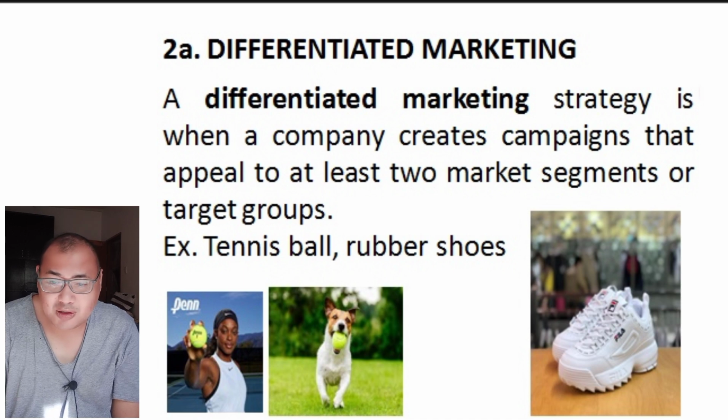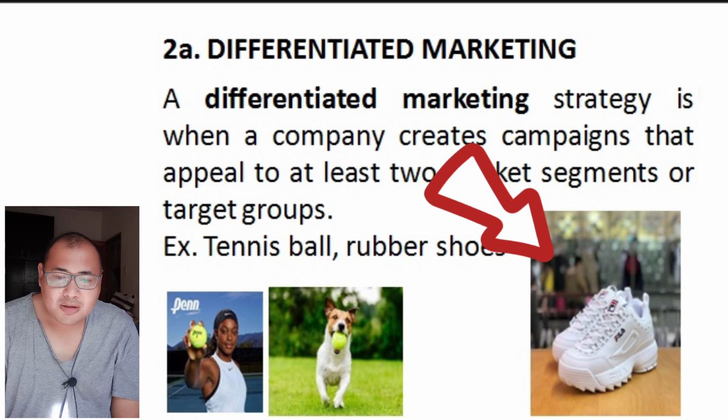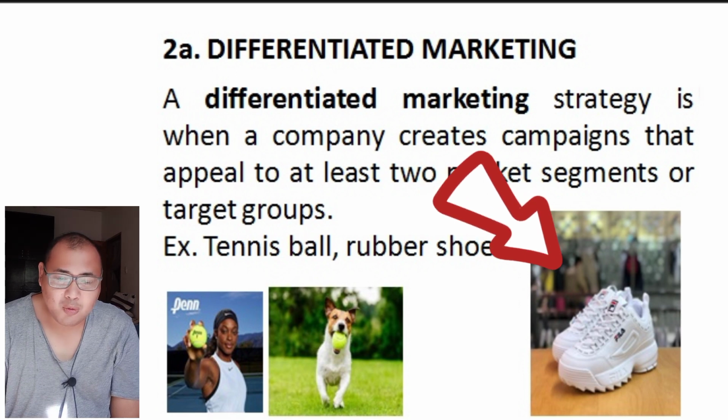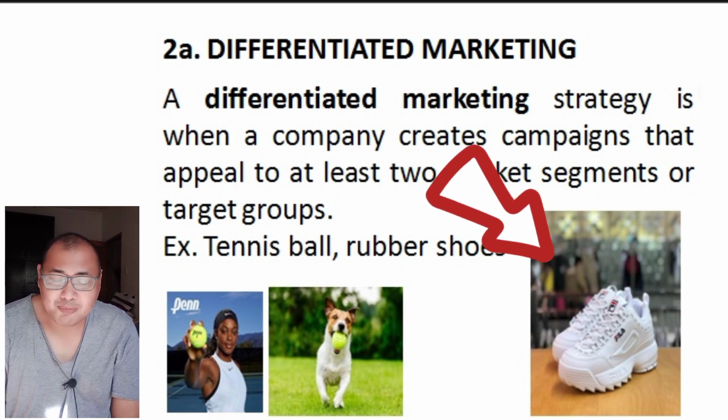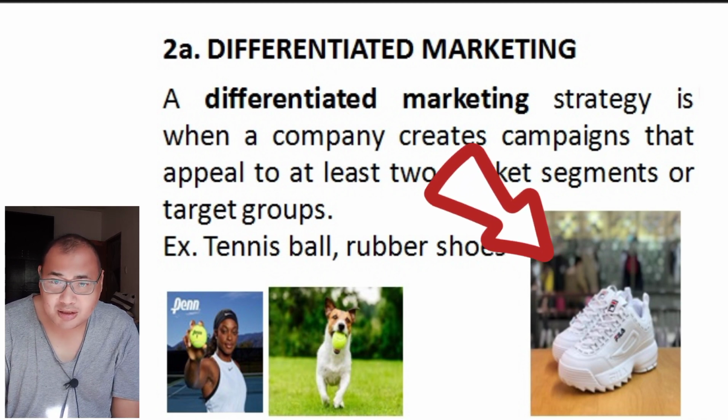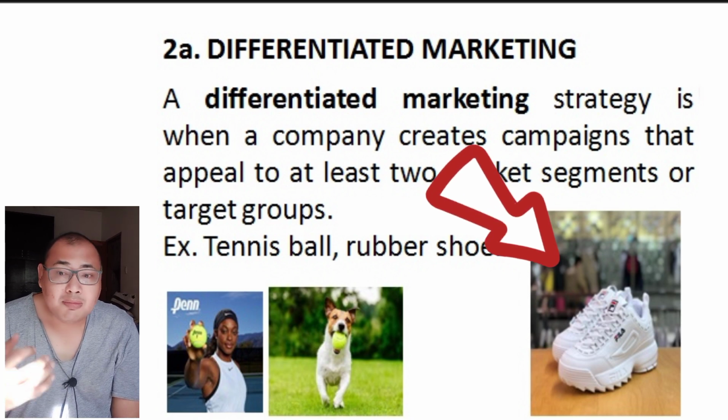So today is 2021. So lumabas yung Fila na sapatos. Itong Fila na sapatos, kahit ako meron din ako nito, kung makikita nyo, ang ganda niya suotin, whether lalaki ka or babae, ang ganda niya pumorma. So, whether nakapantalon ka, naka-shorts, naka-skirt, kahit nga long skirt, maganda pa rin siya tingnan.